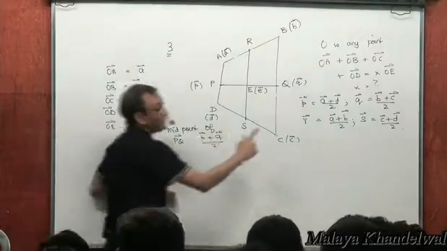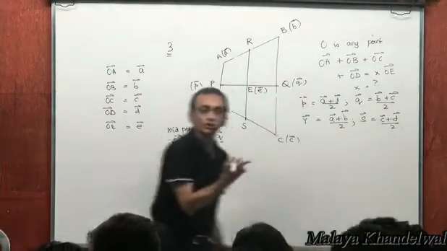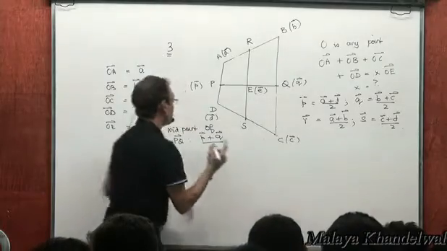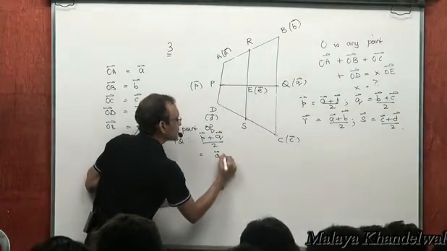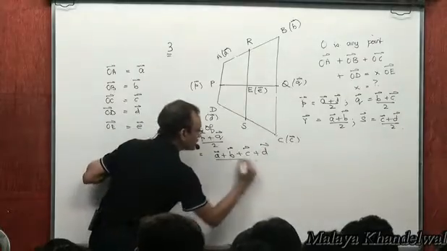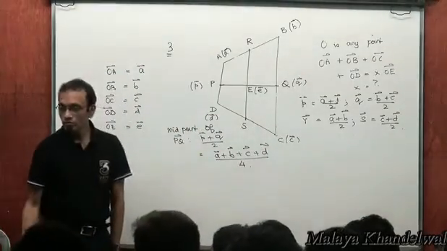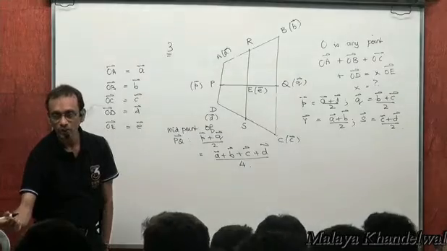Right? And P plus Q by 2 means it will be A plus B plus C plus D by 4. Which is A plus B plus C plus D by 4 is going to be the midpoint of PQ. Any problem?